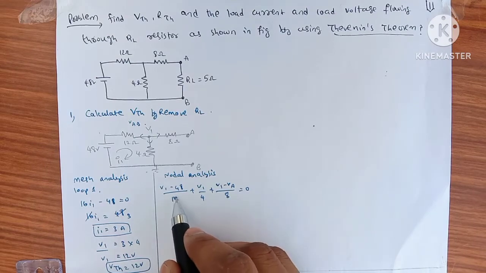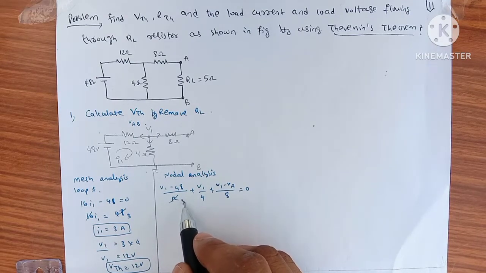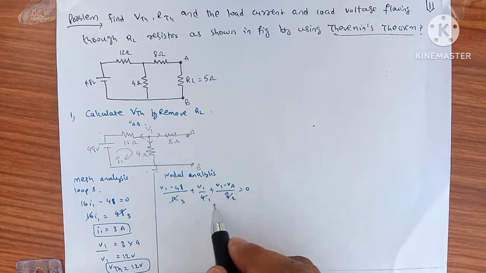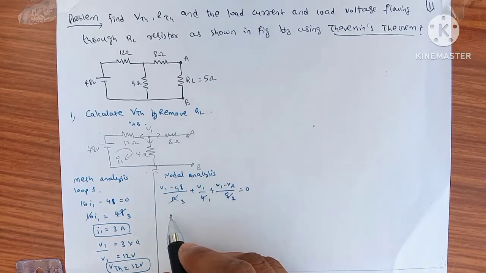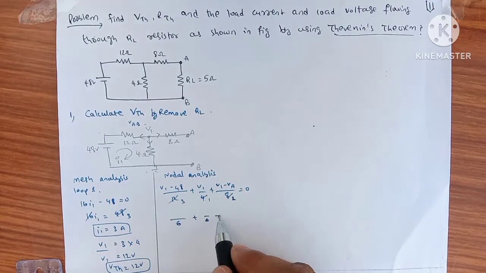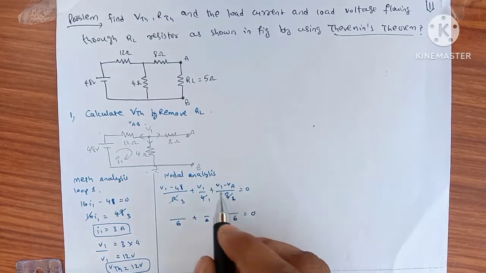If we take 4 as common, then we are left with 3, 1, 2. From 3, 1, 2 we get 6 as the LCM. So we are considering 6 below, which is equal to 0.